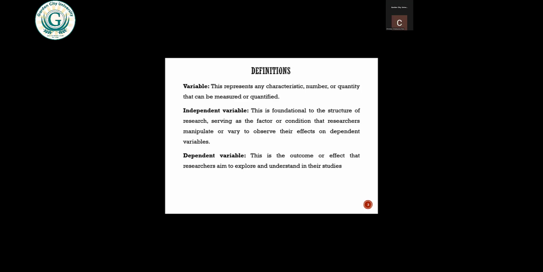The independent variable looks at the factors that, when you manipulate them, can affect the dependent variable. So I hope with this, you are good with the differences between dependent and independent variable.